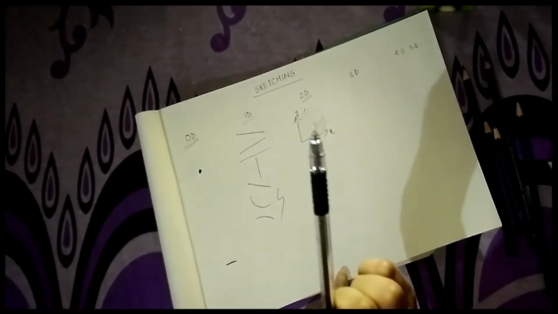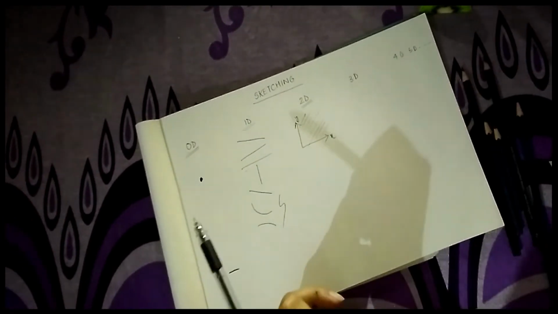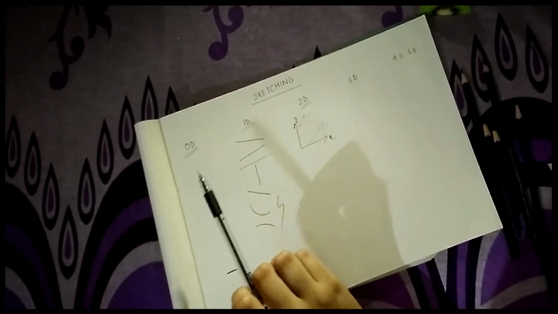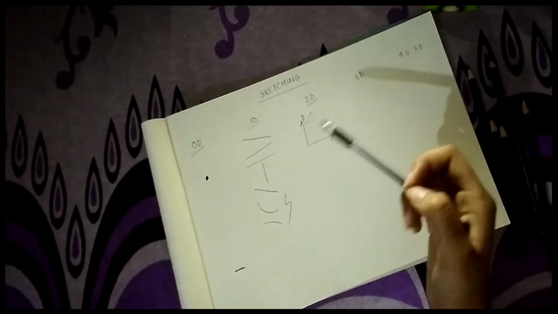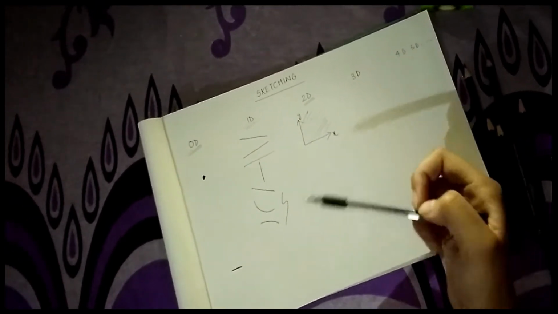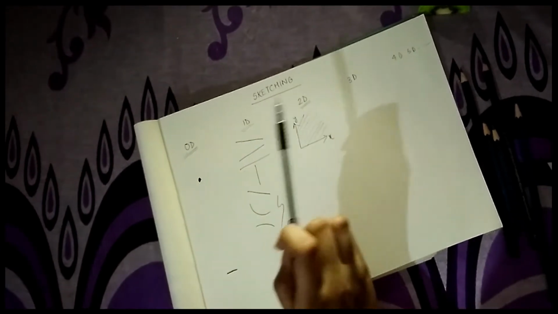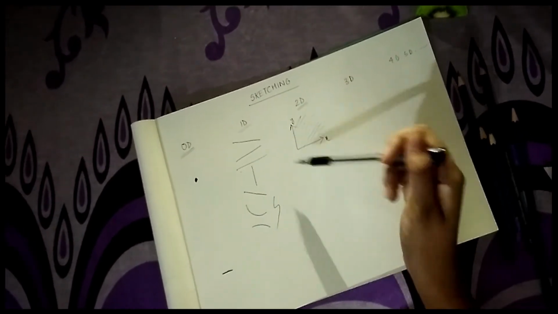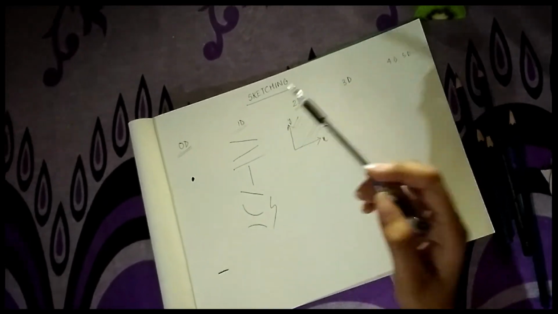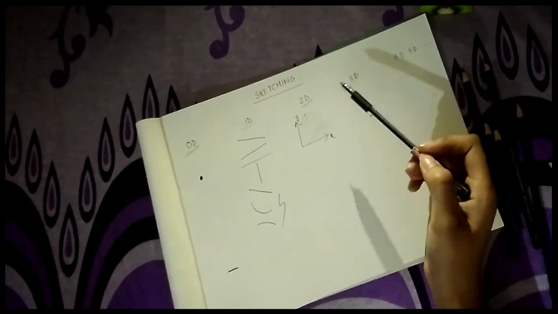So there are some tips and tricks, you know, but you can't get any tips and tricks to get into 3D because you have to really practice 2D and 1D, like the elements of 2D and 1D, to go further into 3D.